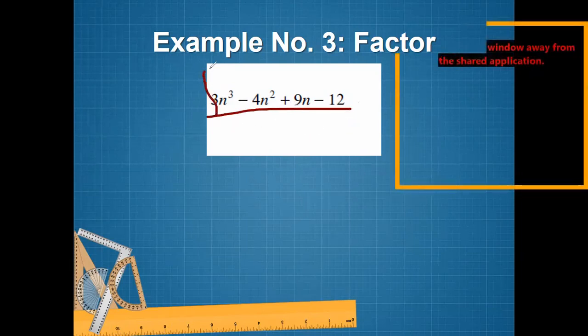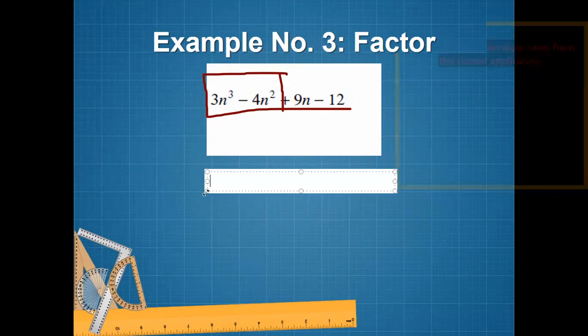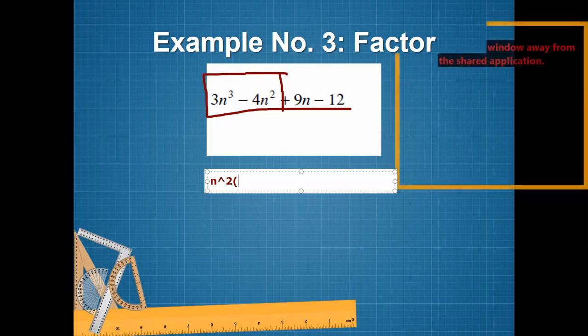Of course, we're going to factor the first two terms first, 3n cubed minus 4n squared. We cannot factor out 3 and 4, but we can factor out n cubed and n squared. So the greatest common factor is n squared, multiplied by 3n.